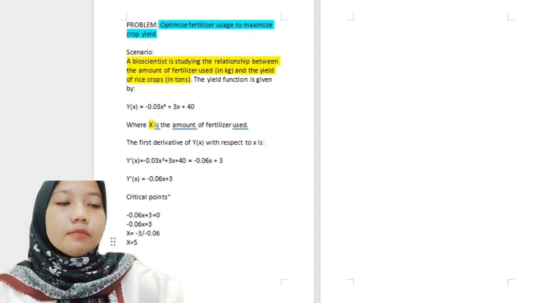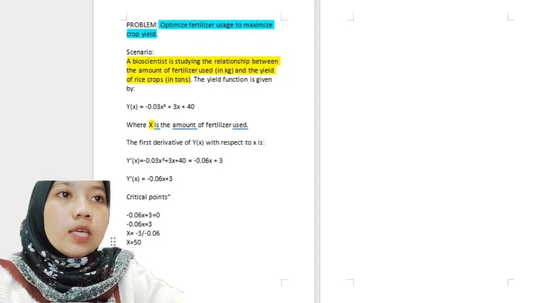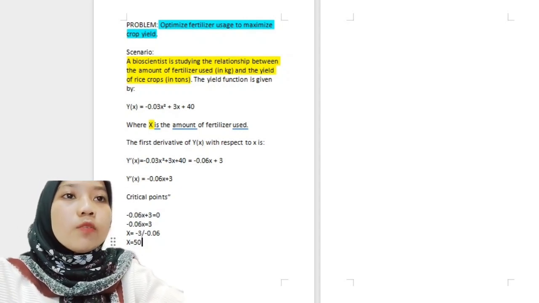Okay. To confirm that x equals 50 is the maximum, we check the second derivative of the yield function.